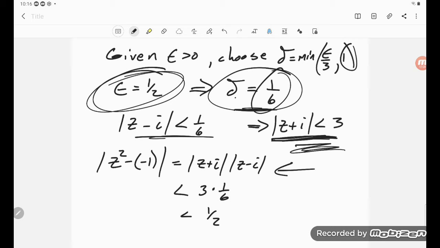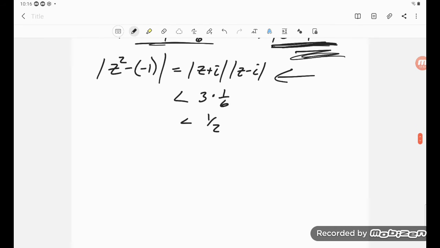But again, typically, if you can simply do some sort of factoring, right?